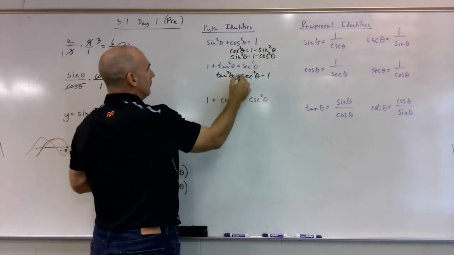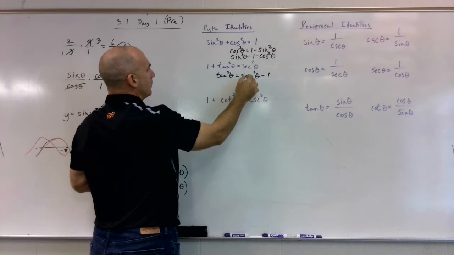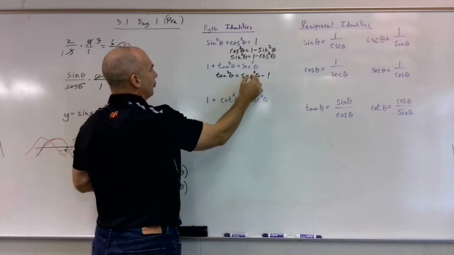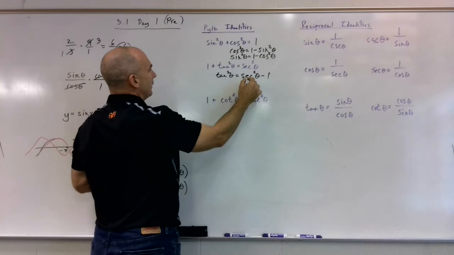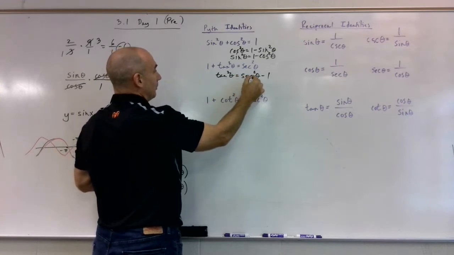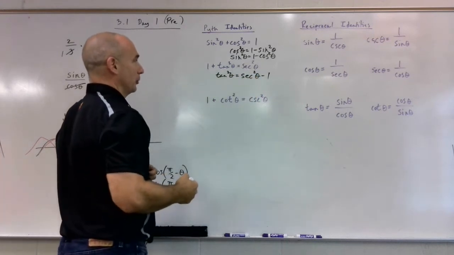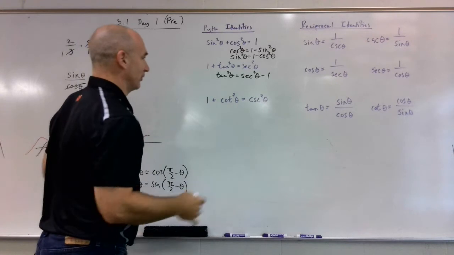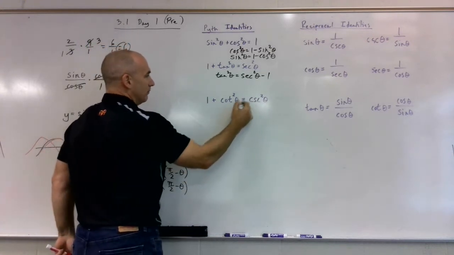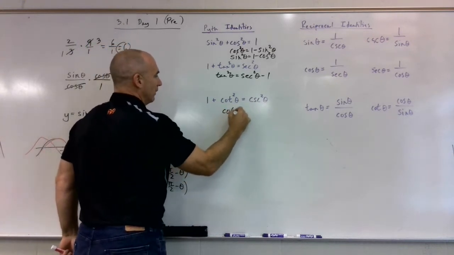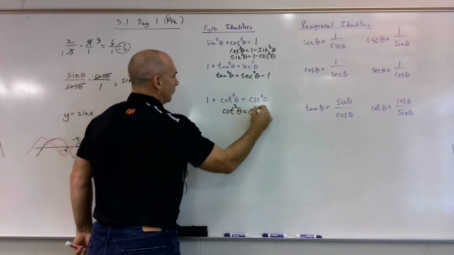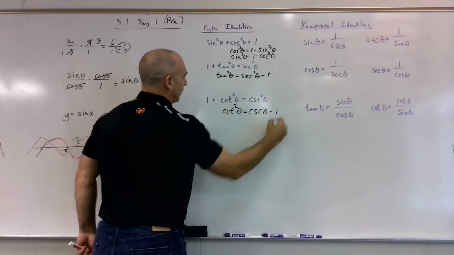Or I could say secant squared minus 1. I think we're just going to stop right there and call it good, okay? The rest of it is going to get kind of weird. So this one, I could also say that cotangent squared theta equals cosecant squared theta minus 1.